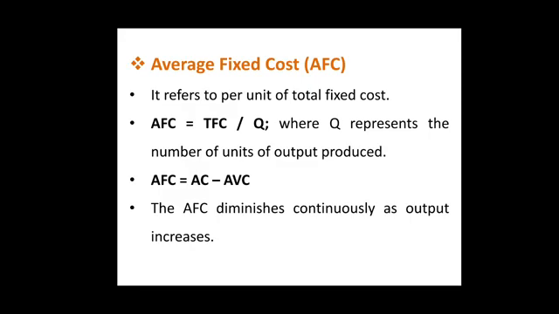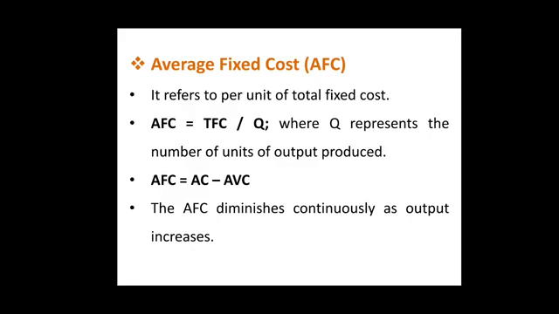We can also get average fixed cost by subtracting the average variable cost from average total cost. That is, AFC is equal to AC, that is average total cost, minus AVC, that is average variable cost.